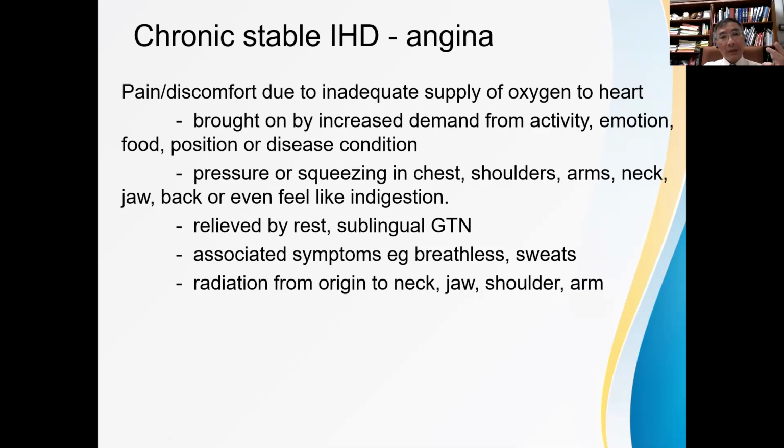The discomfort and pain of angina classically is associated with other symptoms like difficulty in breathing and sweating, and the discomfort radiates. So it is important to ask where the pain and discomfort starts and where it progresses to. So it usually goes from the chest to the neck, jaw, shoulder, or arm.